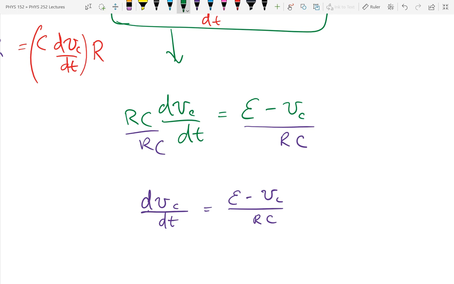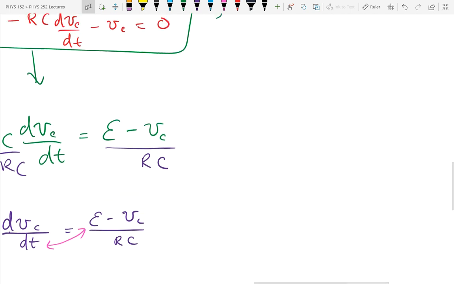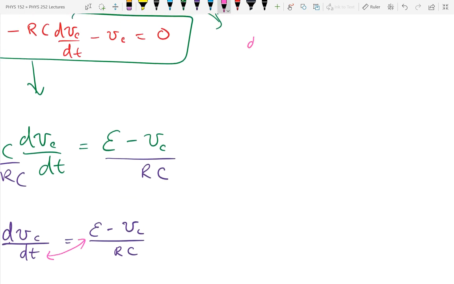Okay, V and T. And I need to have the d's on top. So I'm going to have to take this, and effectively, you guys are astute enough on math to know that I can swap those two, right? I multiply both sides by dt, divide both sides by E minus VC. And I have the equation that says that.